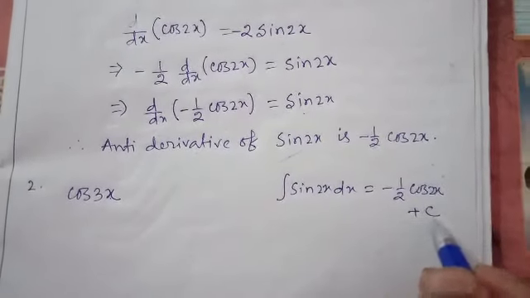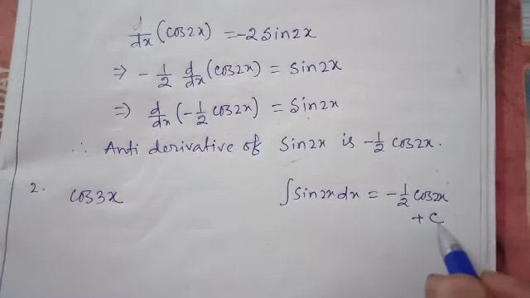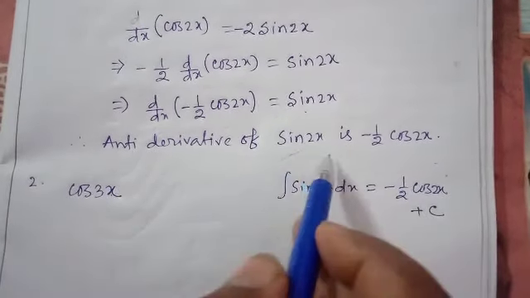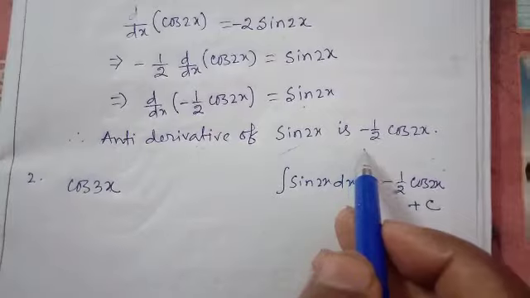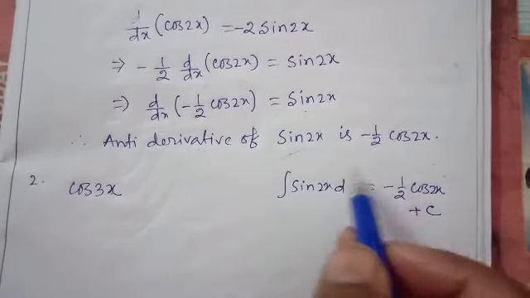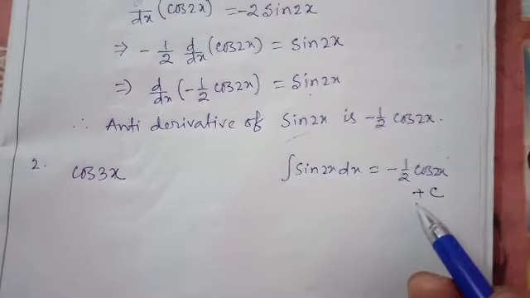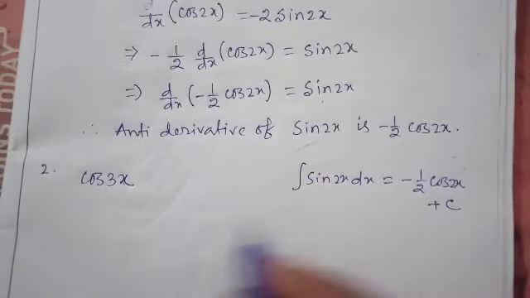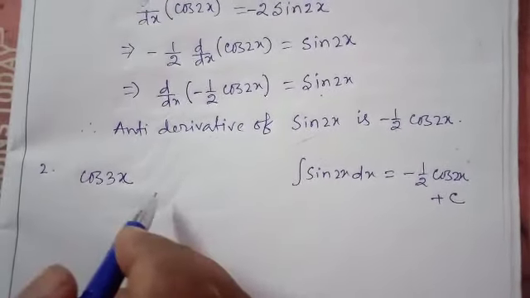You have to put plus c when you integrate, but here since it asks for an antiderivative, we just find the antiderivative, which is why plus c is not put here. But in integration we usually put plus c.